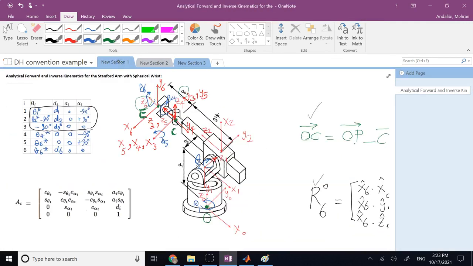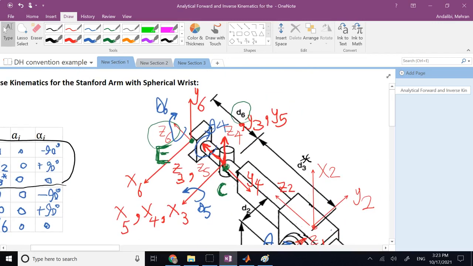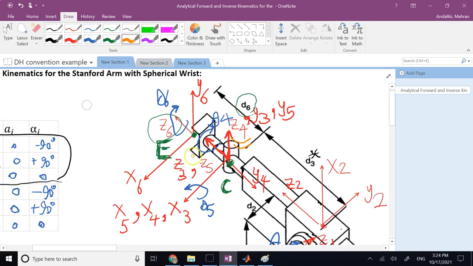Because if we go back and look, you see your first rotation is happening about Z3. The next one is happening about Z4.